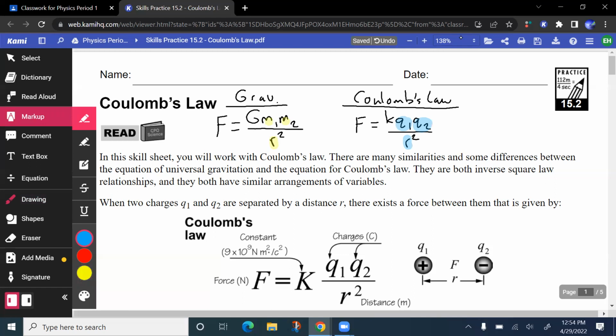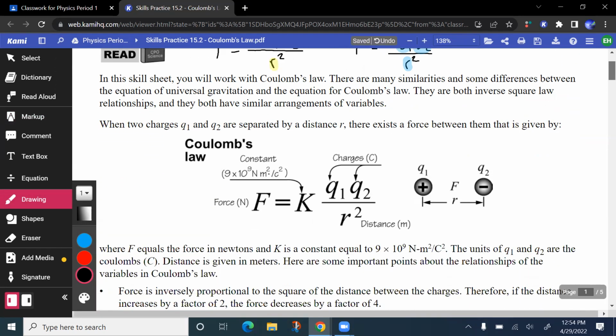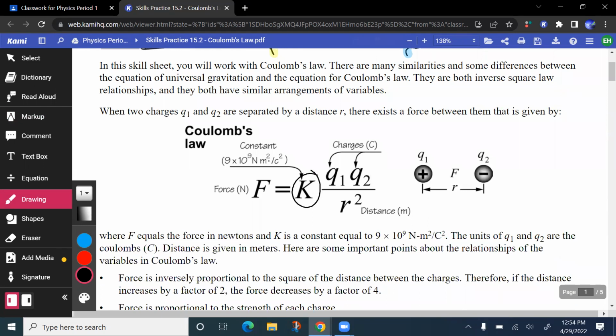Okay, so if we focus on the actual equation we're going to be using, you'll see that the equation is K, which is this number here, 9 times 10 to the 9, times Q1 times Q2 divided by R squared, where R represents the distance between those two charges.